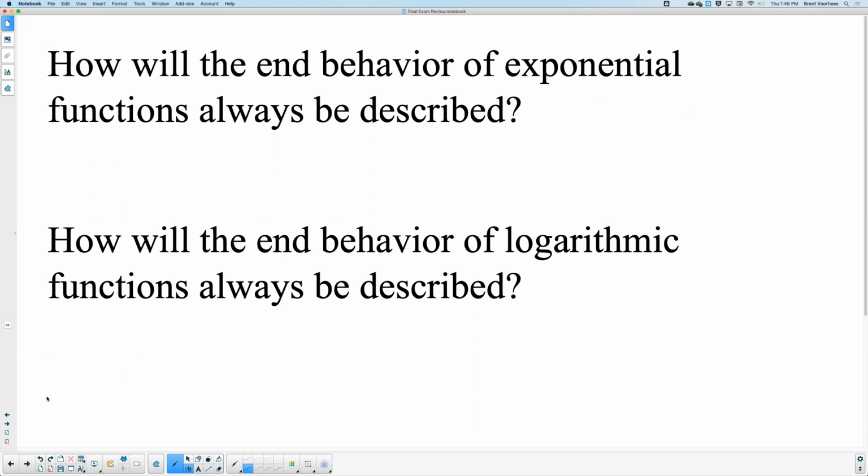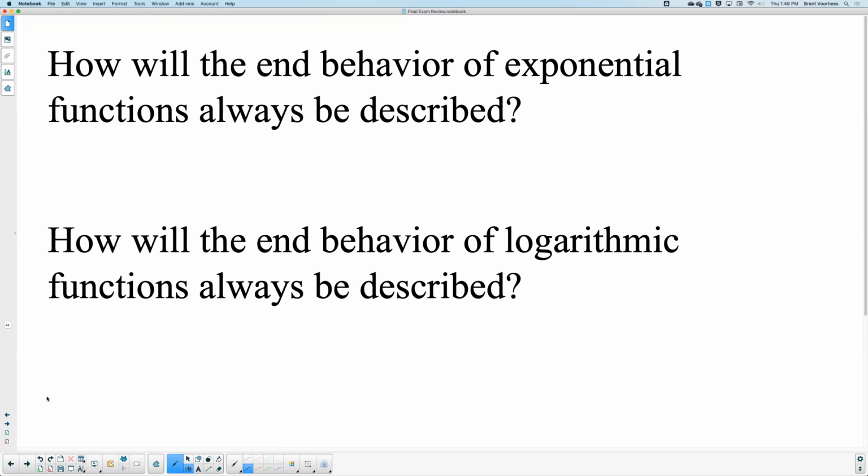How will the end behavior of an exponential function always be described? I want you to think exponential, what it should look like. How will every limit be described on an exponential? What will be true of the x's?